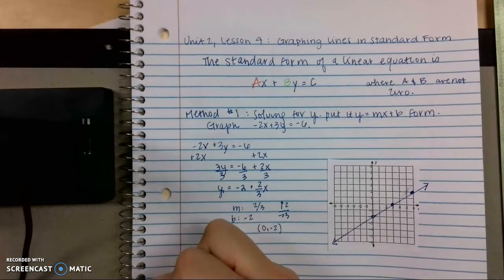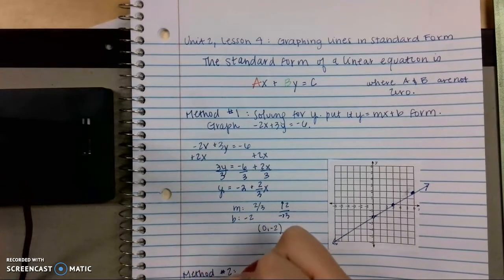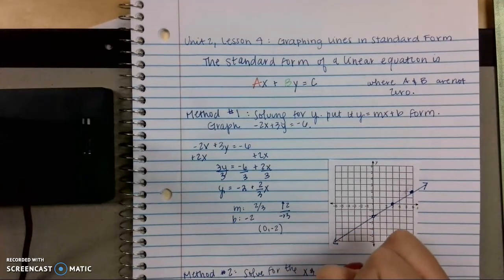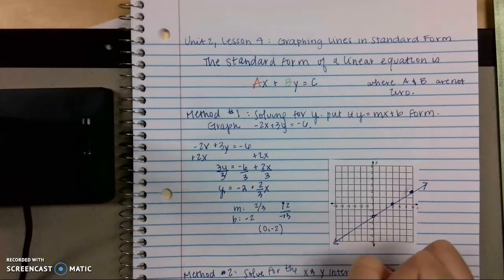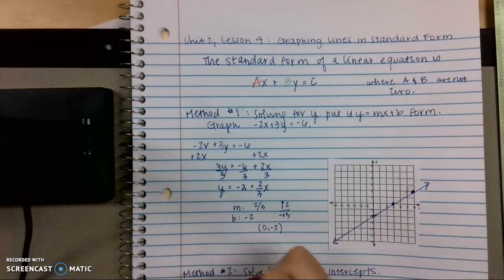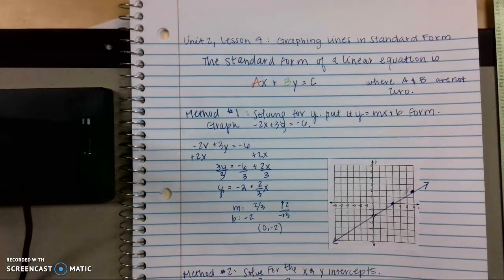The next method, method number 2, is going to be solving for the x and y intercepts. Our equation that we're going to do for this one is graph x plus 3y equals negative 3.